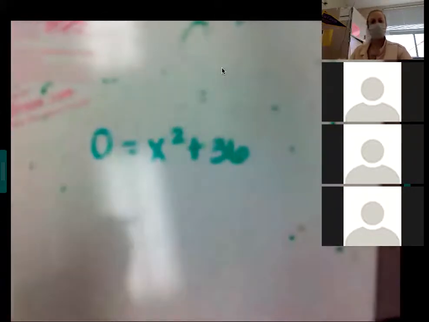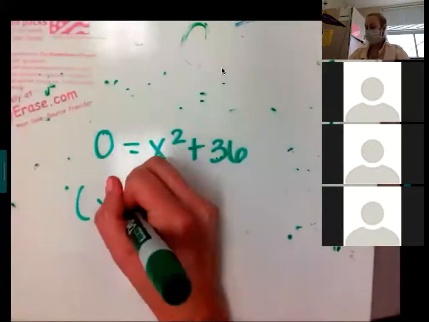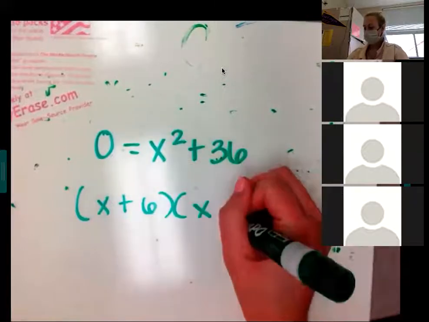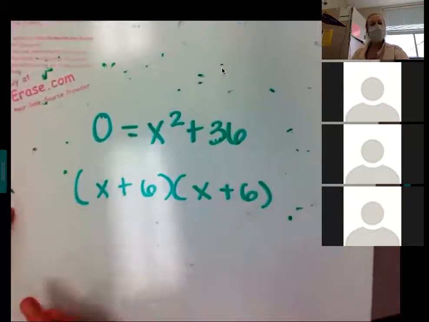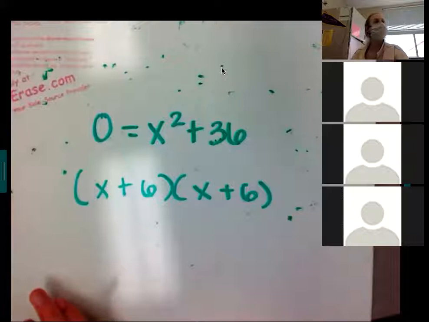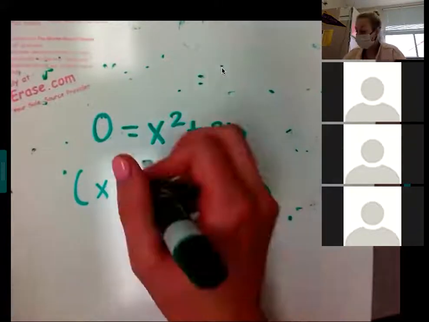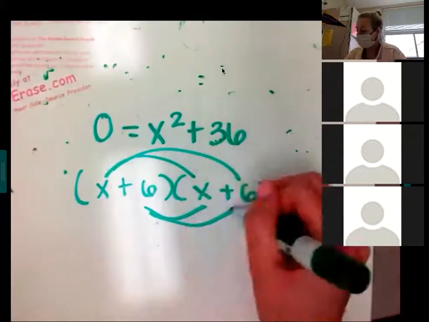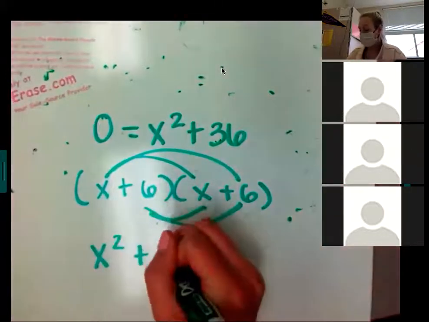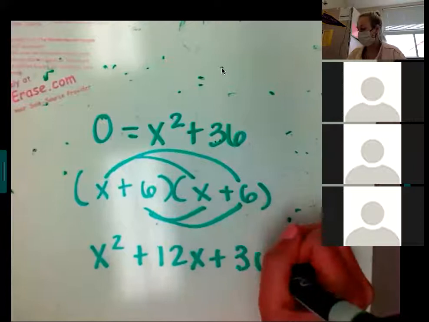We've had this discussion. This does not factor. So you guys told me when we first learned about this, you were like, I feel like we could split it up like this, x plus 6, x plus 6. You can't, because when you FOIL it back out, you get x squared plus 12x plus 36.